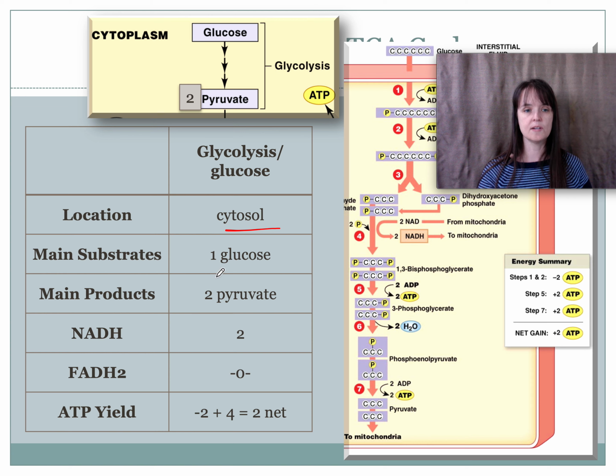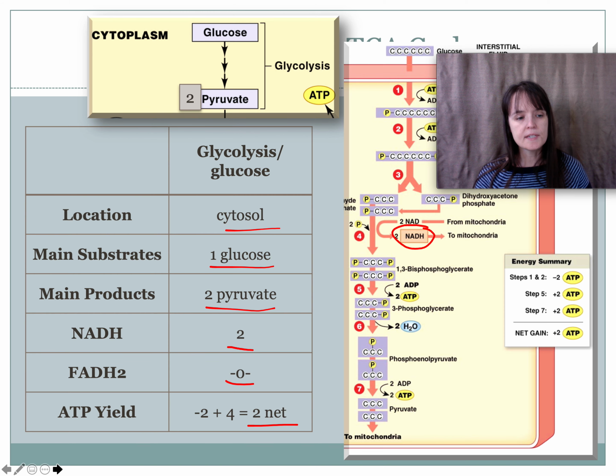The main substrate, there are others, is glucose. The main product is 2 pyruvic acids, the 2 pyruvate. We made 2 NADH right here. We didn't make any FADH2. And the ATP yield is 2 net because we burnt 2, made 4, 2 net.